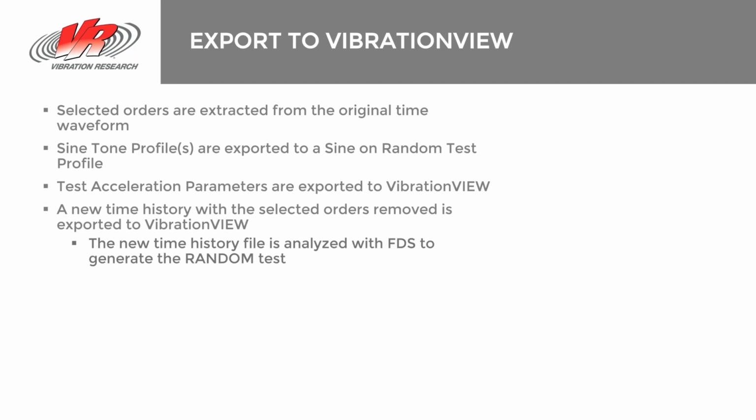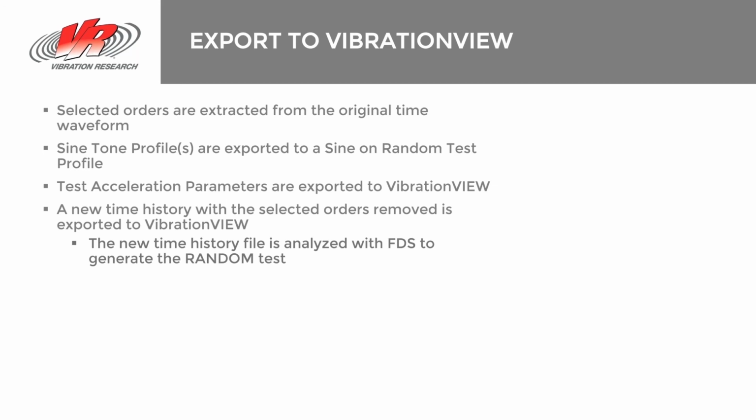Then we need to look at the remainder after we have extracted our selected orders from the real world data. So I have my original environment and I take the selected orders and extract that content out of the original data, leaving what would be just the random component for my random part of my Sine-on-Random test.